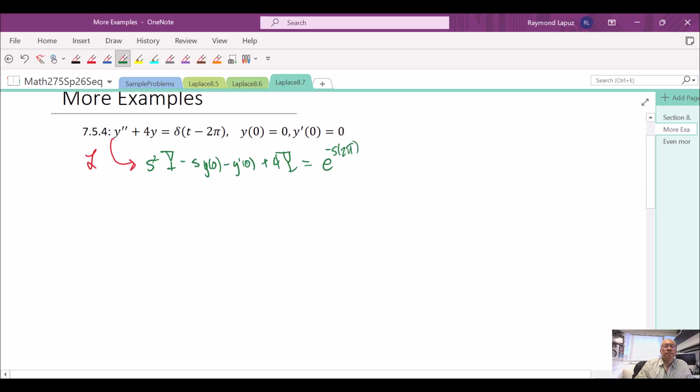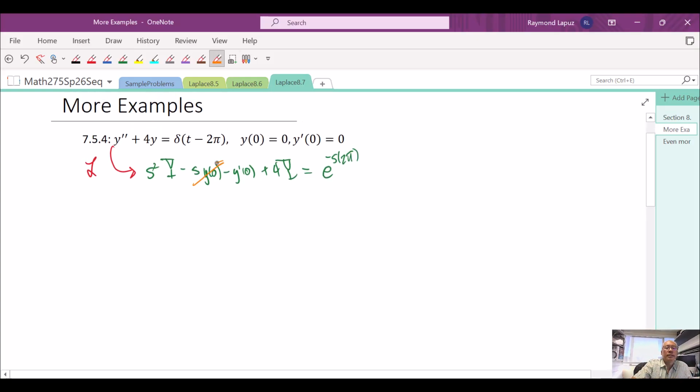All right. Well, it looks nice that these are all equal to 0 from the initial conditions. And so all we have left is s squared plus 4 Y, and this is just e to the negative 2 pi s.